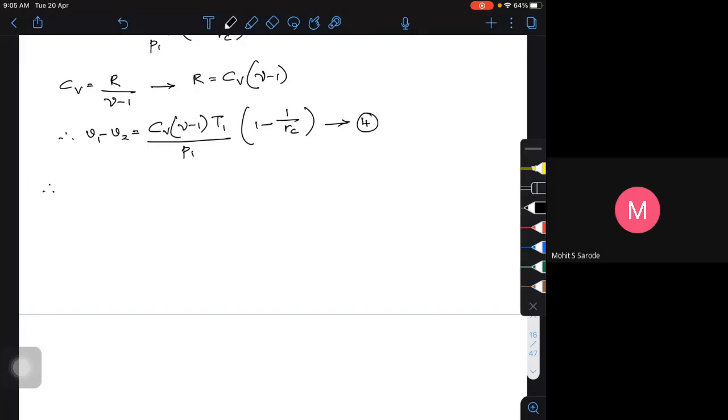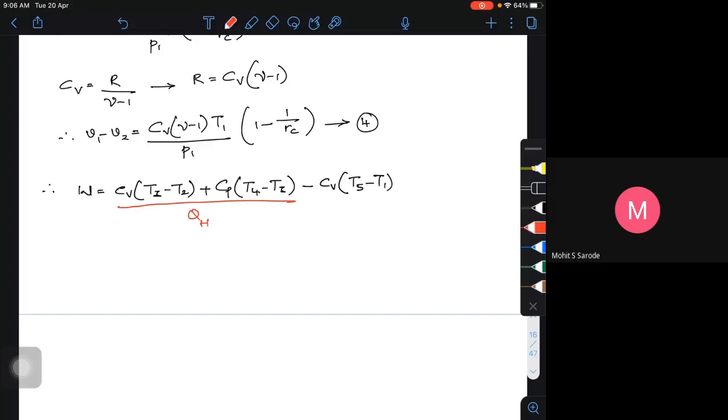Therefore, the work done W is equal to the heat supplied, that is Cv into T3 minus T2 plus Cp into T4 minus T3, minus Cv into T5 minus T1, which is the heat rejection.